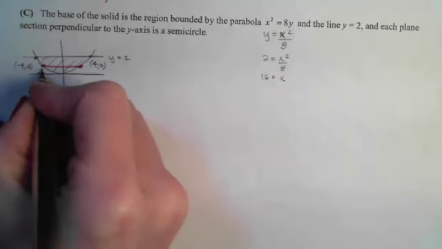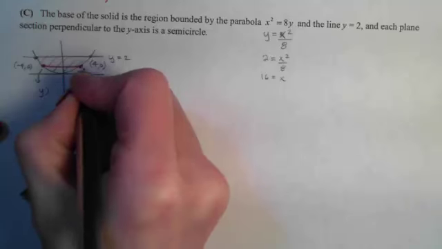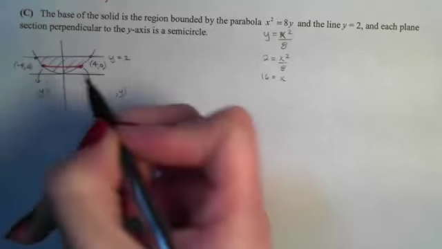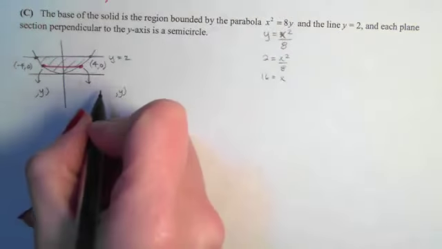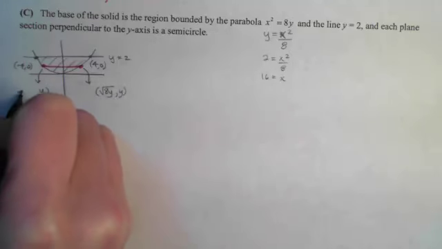So this point here is going to have y as a y-coordinate, and this point here is going to have y as a y-coordinate, and the x-coordinates are going to come from isolating x. So this one will be a positive root 8y, and this one over here will be a negative root 8y.